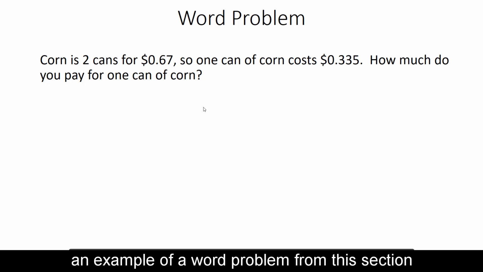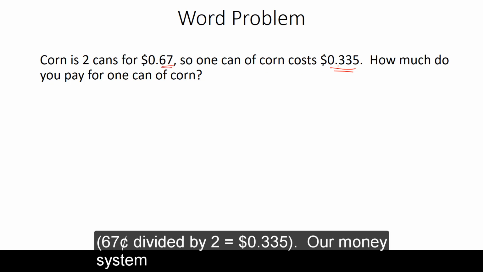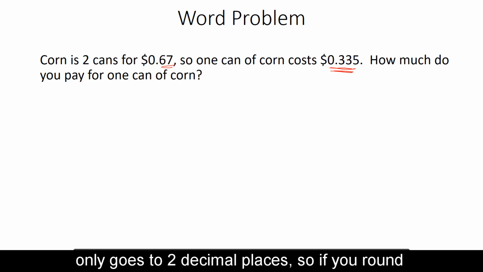Here's an example of a word problem from this section. If you're paying 67 cents for 2 cans of corn, then they tell you that 1 can would cost this much, and they have already done the math for you. 67 cents divided by 2 is going to be this value right here. Well, in our money system, it's assumed that we're rounding to the nearest penny, since our money system only goes to 2 decimal places.